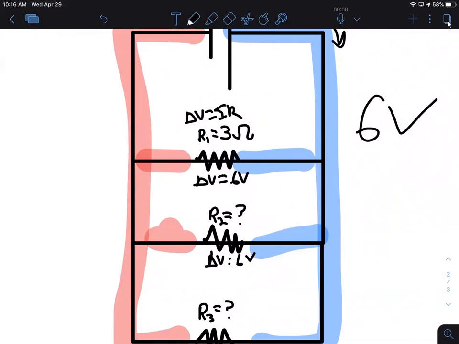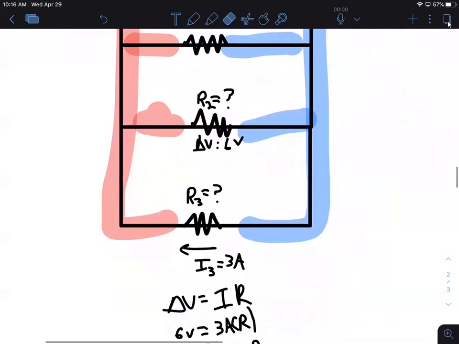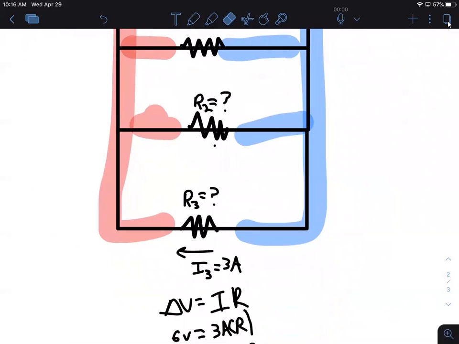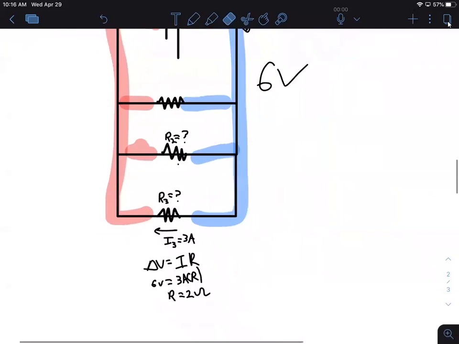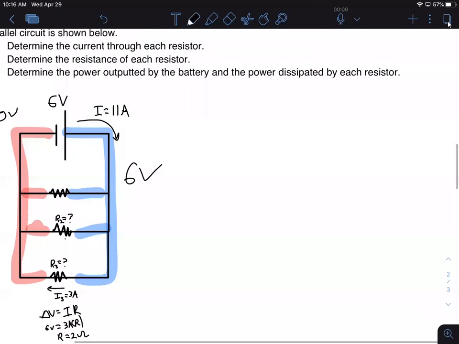I'm going to get I equals 2 amps. But you can see it's very messy to try to do it inside the circuit like that. You don't really have a lot of room to do that. So that's why making the table can be helpful.